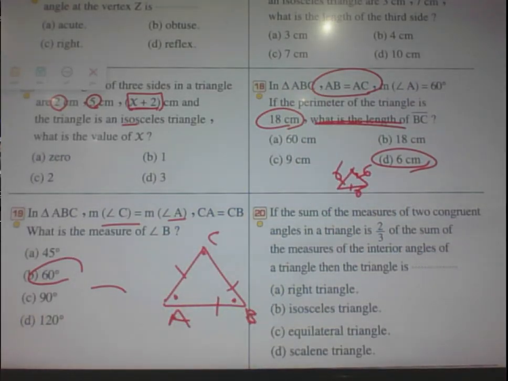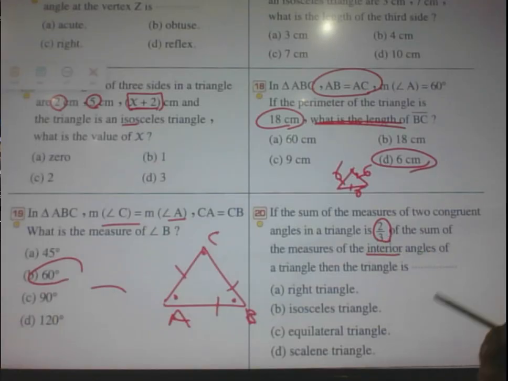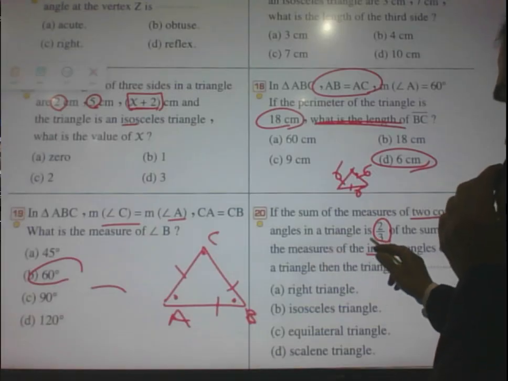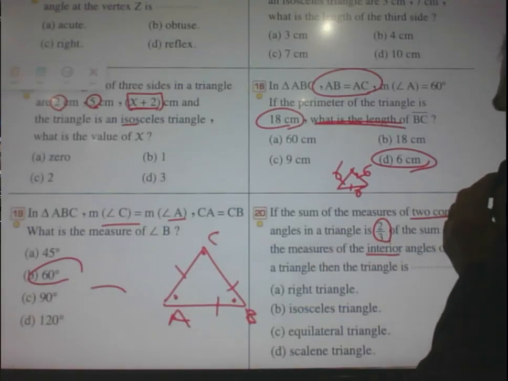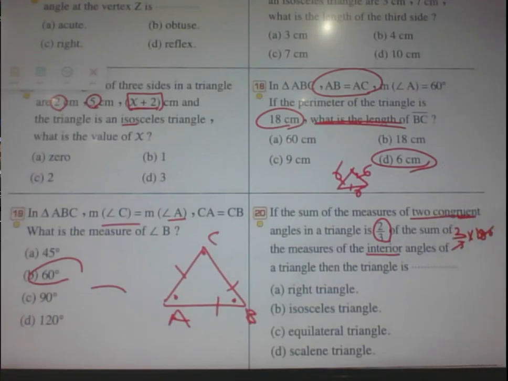Next question. The sum of the measures of two congruent angles in a triangle is 2/3 of the sum of the measures of the interior angles. That means 2/3 multiplied by 180, because the sum of interior angles in a triangle equals 180. 180 divided by 3 equals 60. 2 times 60 equals 120.